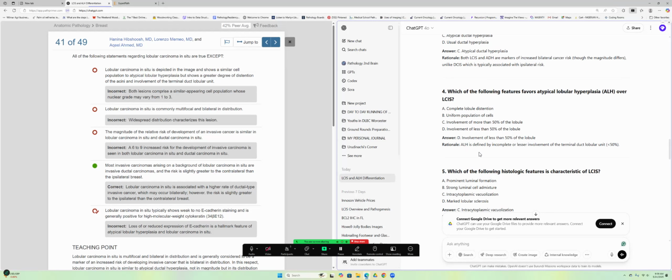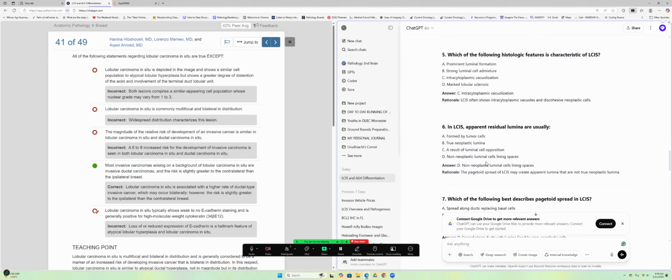Next question. Which of the following features favors ALH over LCIS? Less than 50% of the lobules. Okay. Which of the following histologic features is characteristic of LCIS?